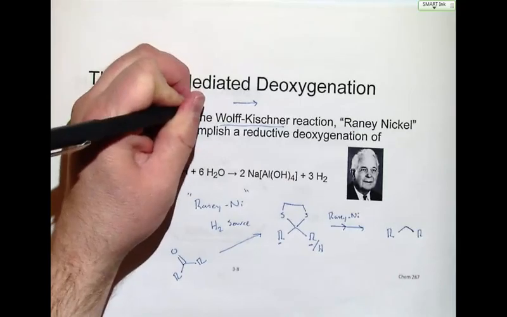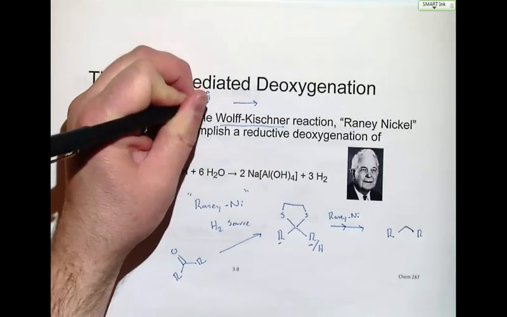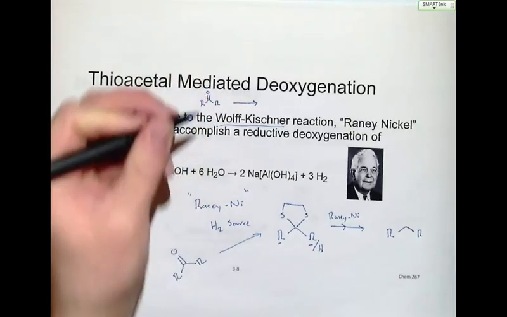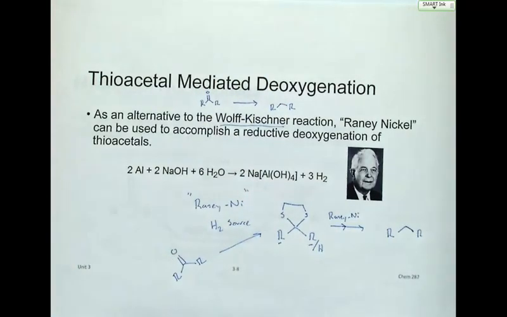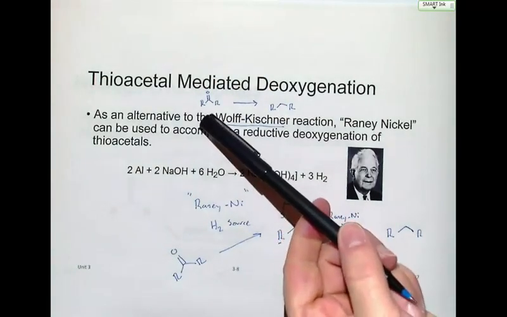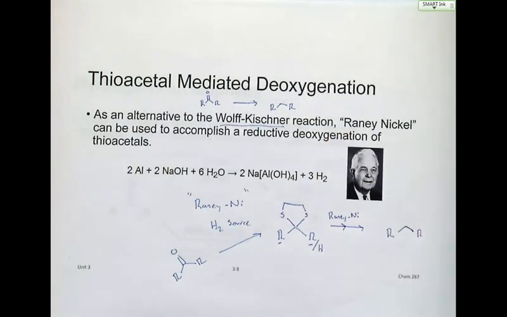You're trying to do an amine and like a KOH and water. Yep, those are the conditions. So we start with carbonyl and we end up with an alkane, just like this. That's why I say it's complementary. They do the same thing, just with different conditions.